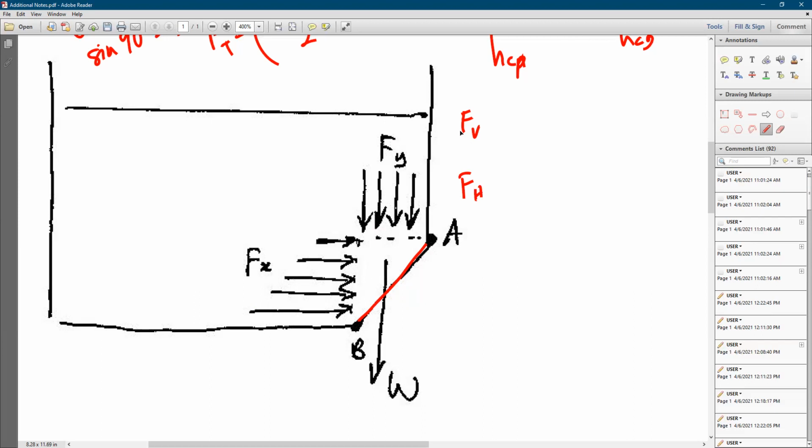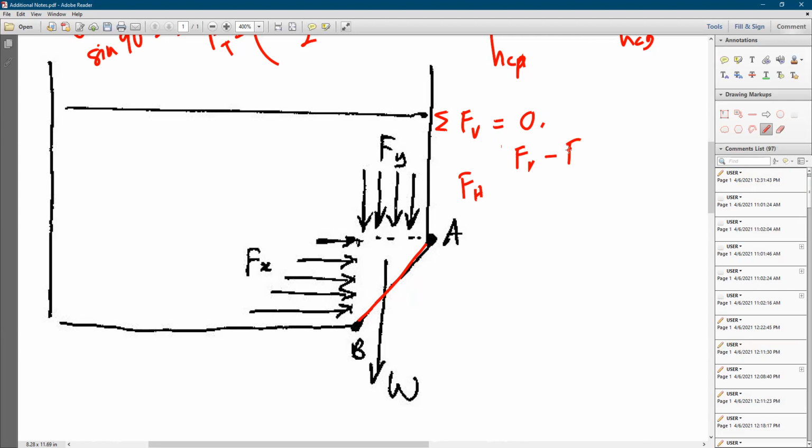What do we have in the vertical force? The summation of vertical force equals 0. What you have is FV minus Fy, because Fy is going down, right?